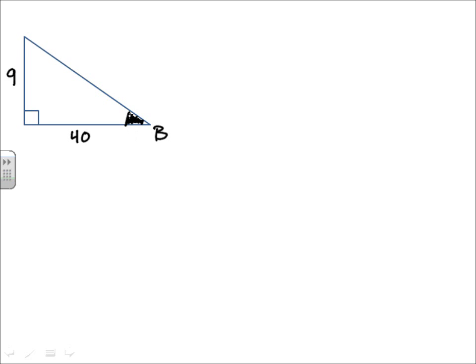From the point of view of angle B, we have the opposite leg and the adjacent leg. So the equation I'm going to write is the tangent of angle B is equal to the opposite leg divided by the adjacent leg, 9 over 40.